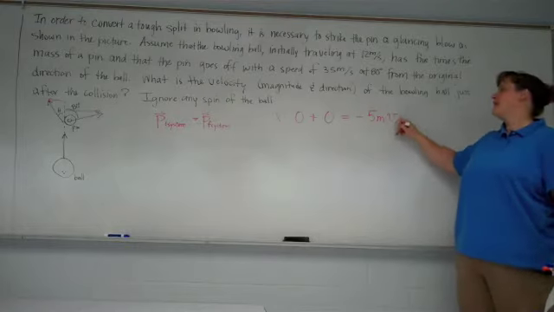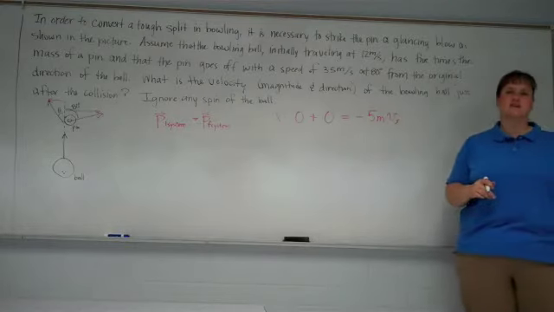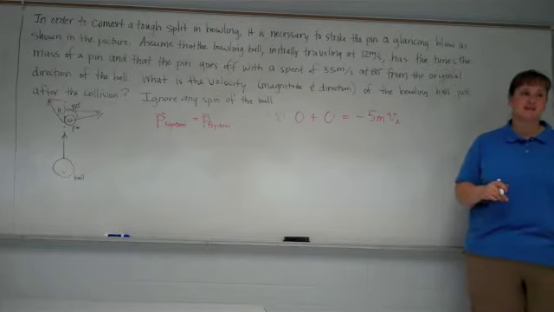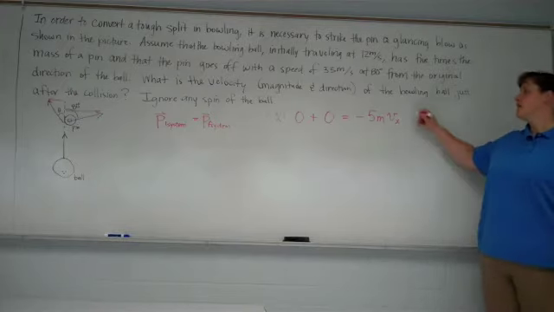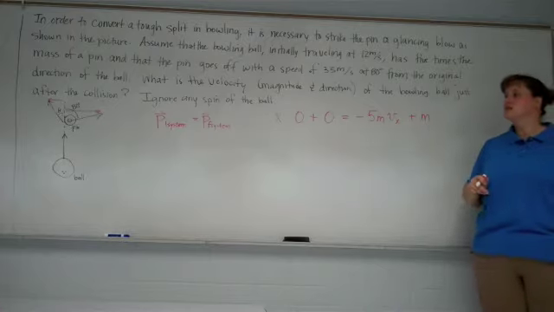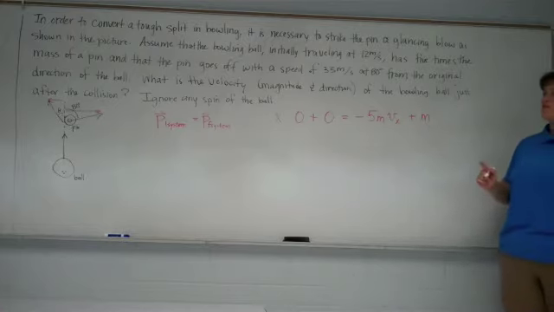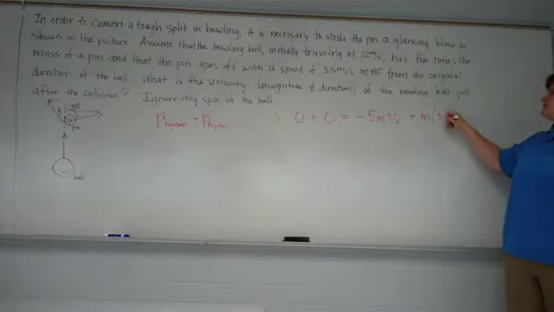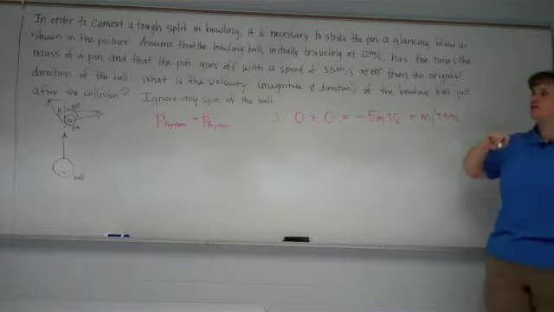The bowling ball will have an x component of velocity finally. We don't know what that is, but we're looking for it. The pin, its momentum is its mass times its x component of velocity. It was traveling 3.5 meters per second, but we need the x component.